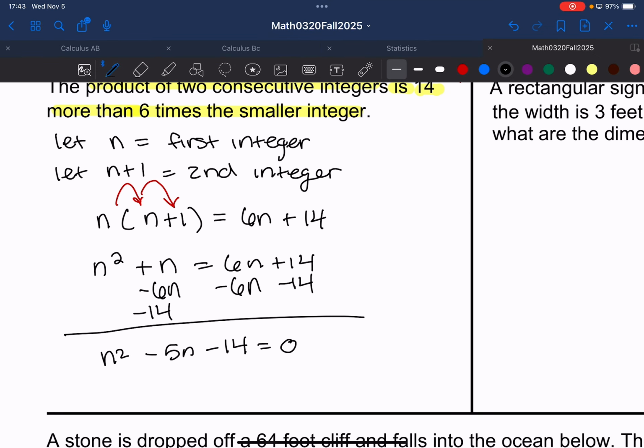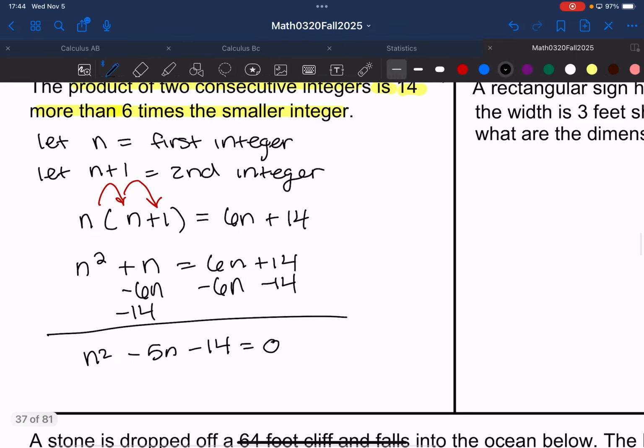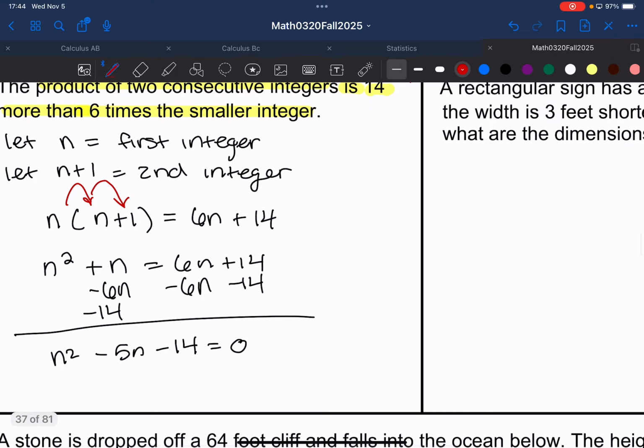So now that we have taken our word problem, converted it to a mathematical equation, and then put it into a quadratic equation, now we're going to have to factor. And we would factor by doing what next? Good, a times c. And what is a times c? Negative 14. Okay, because remember this is a, b, and c. So multiply a times c.